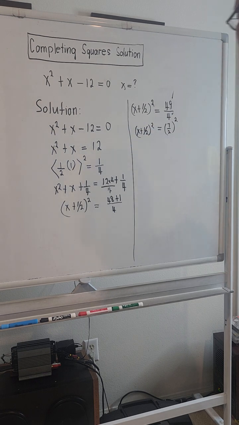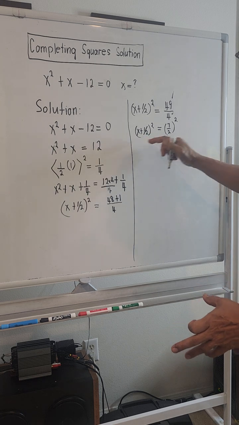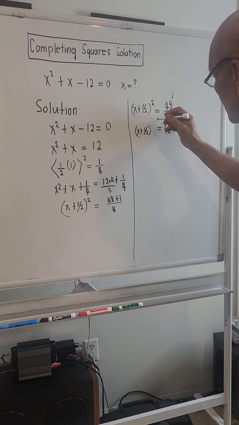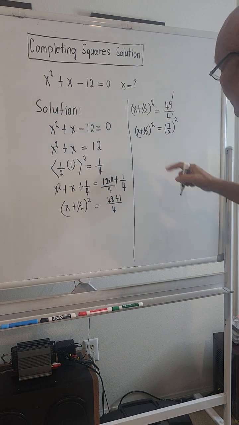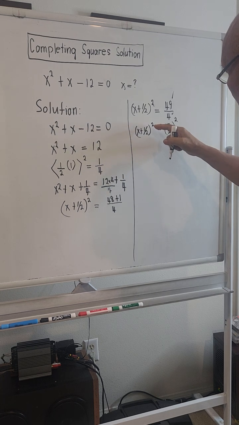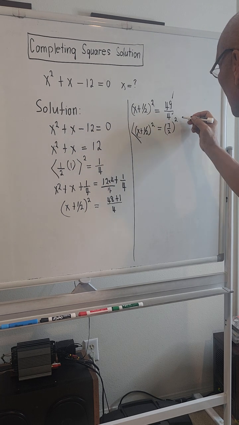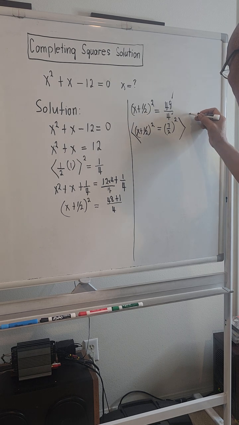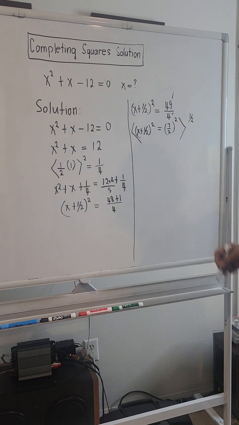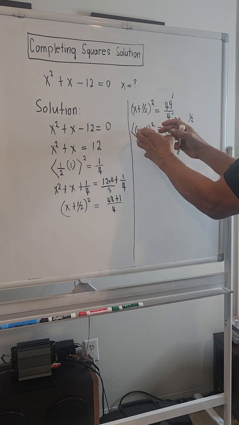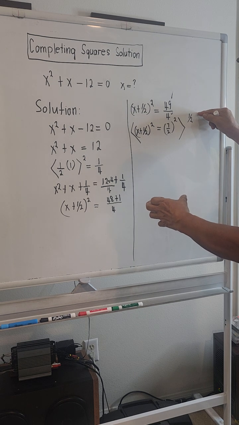quantity square. To solve for x, we must eliminate these squares, so we must raise both sides of the equation to the 1/2, the square root.